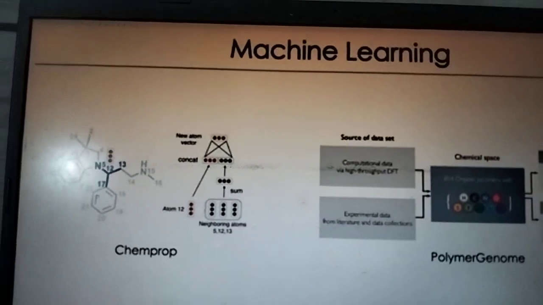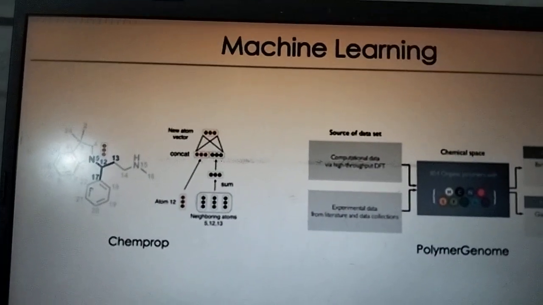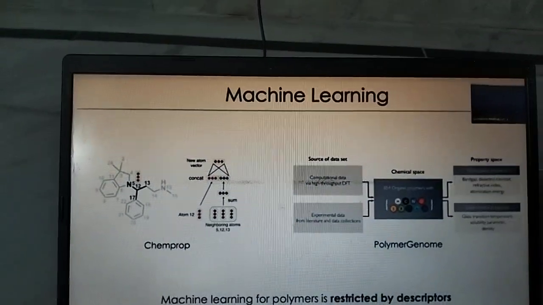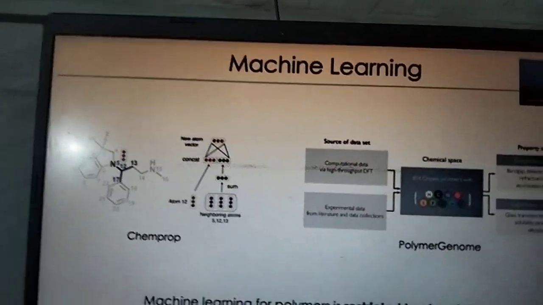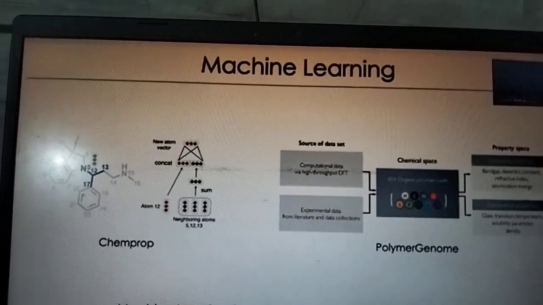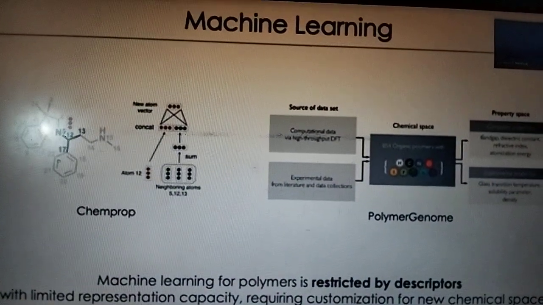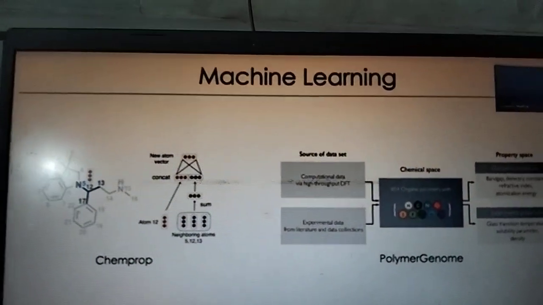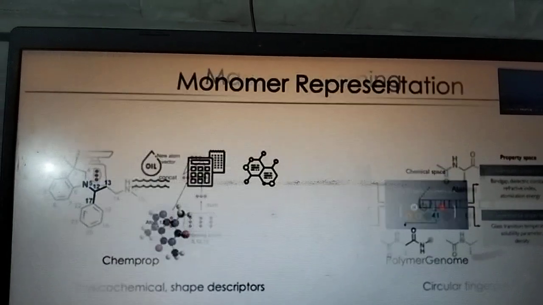Machine learning for polymers is restricted by descriptors with limited representation capacity, requiring customization for new chemical space. This is the machine learning approach using the source data.